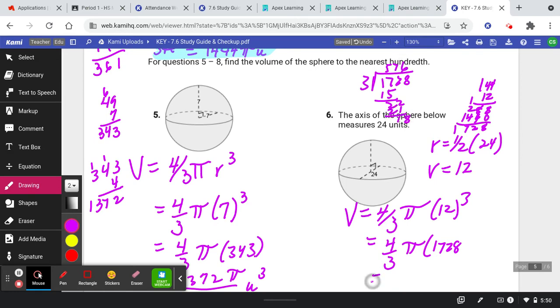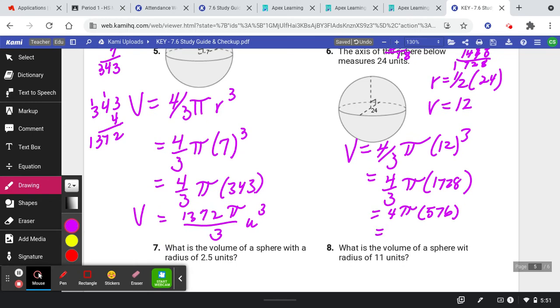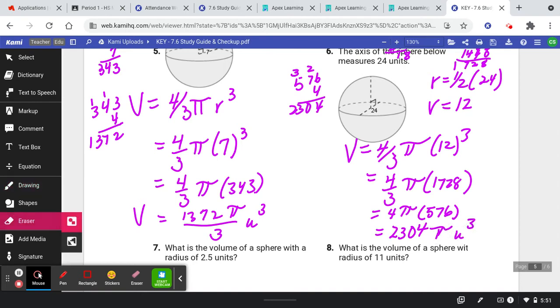And that's 4 pi times 576, and then 576 times 4 is 2304 pi u cubed.